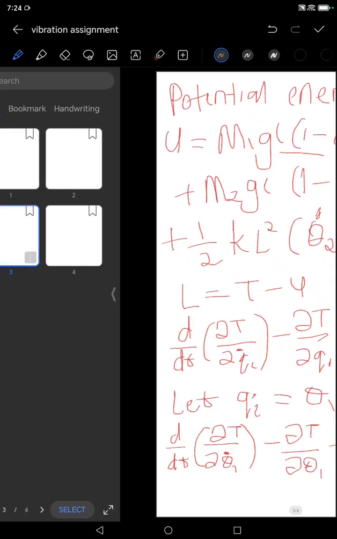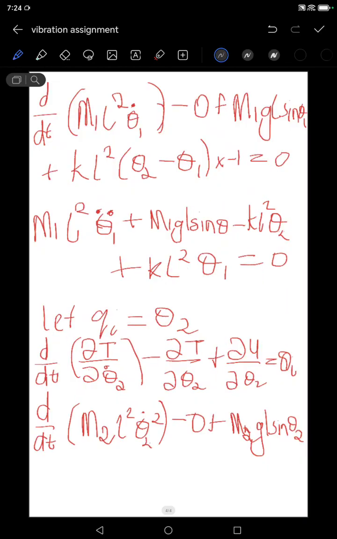Therefore we're going to have plus kl squared into (theta 2 minus theta 1) multiplied by 1, because we're focusing on theta 2. Here it was negative 1 because we focused on theta 1. So therefore it's going to equal 0.